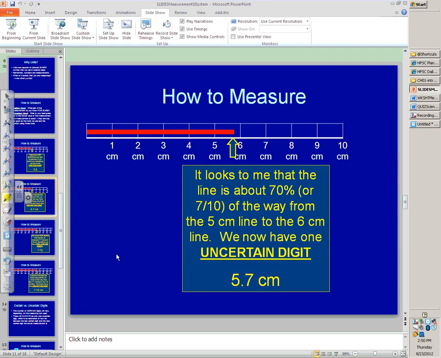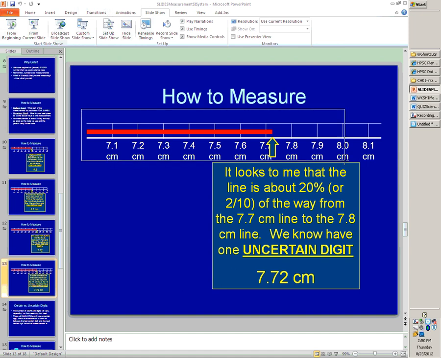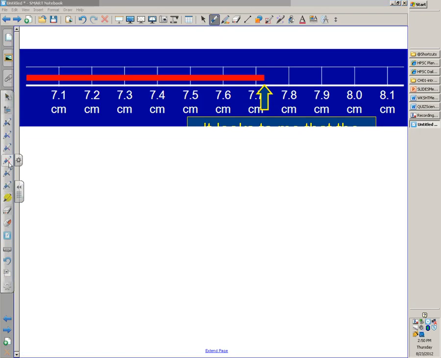Same thing here. Some of you would have written down 7.725. I know why you wrote 7.725, because it looks like it's a quarter of the way between 7.7 and 7.8.